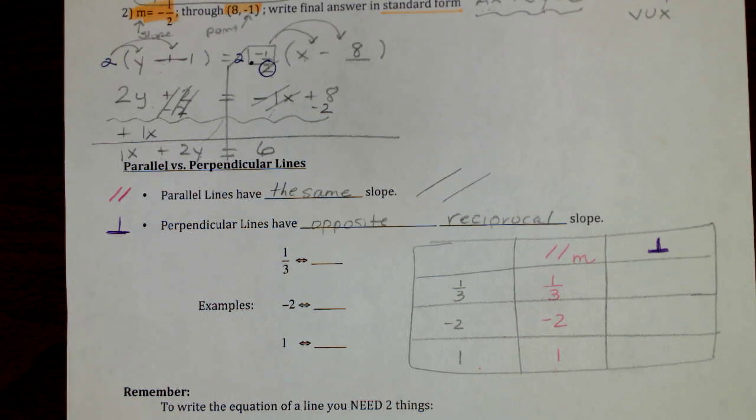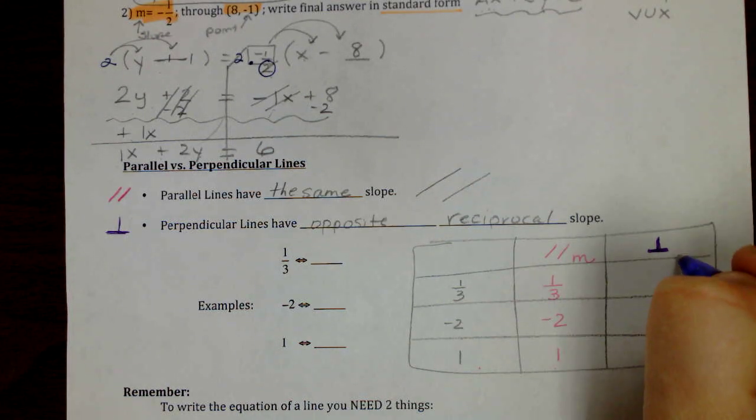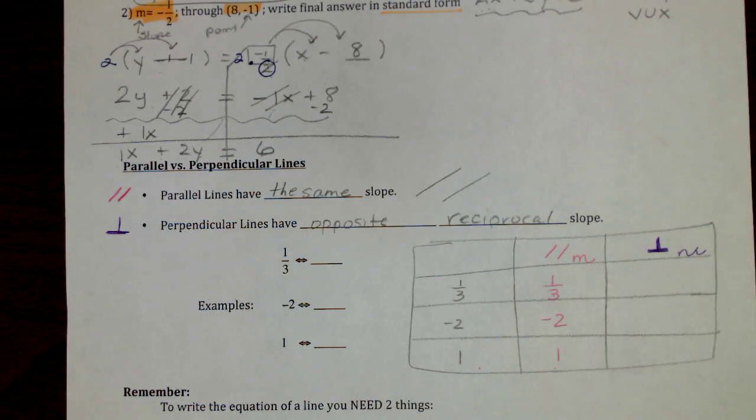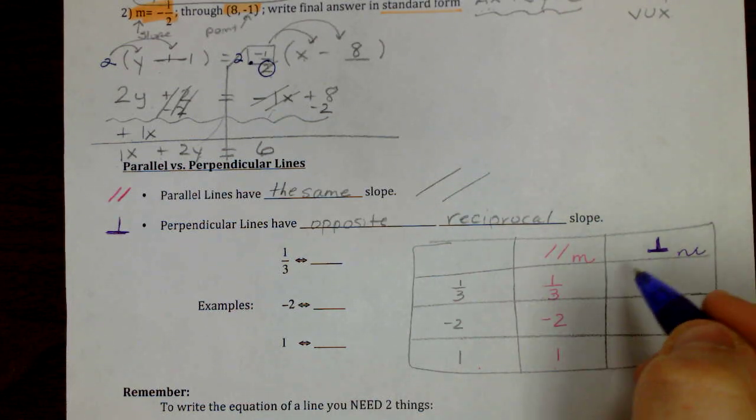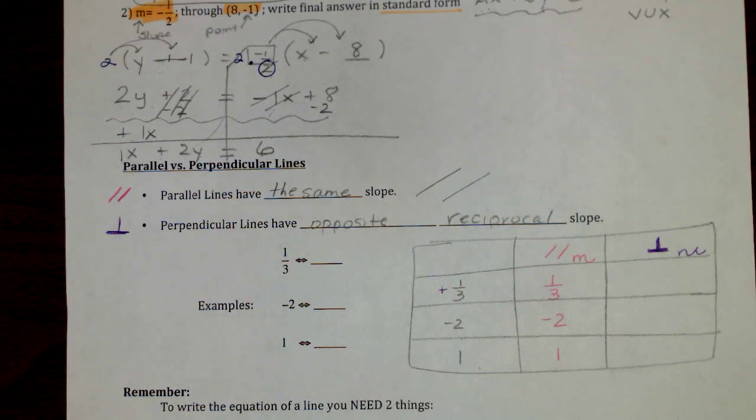Perpendicular, though, isn't like that. Perpendicular slope starts at 1/3. This is a positive 1/3. So the opposite is negative.